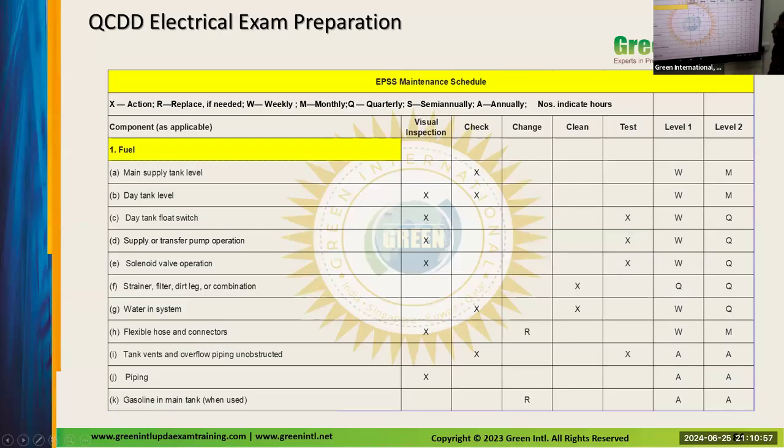Okay. So in your exam, before going to this area, first read the terms.